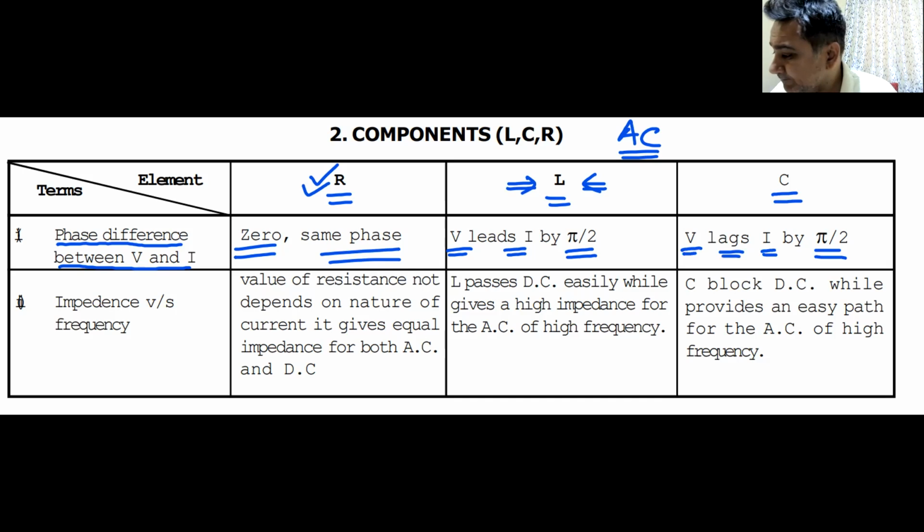Please note it down. I'll give you a minute to note it down. Completed, sir. Everyone completed this?